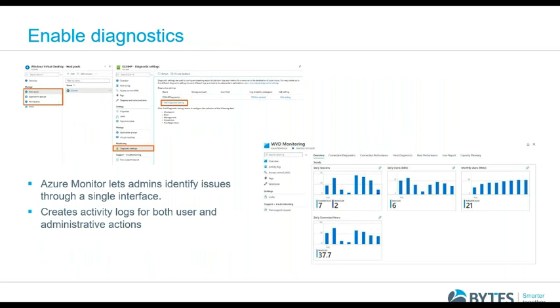Another thing to consider is to enable diagnostics, so basically using Azure Monitor. We've seen some customers who haven't enabled this, and it is very beneficial when things go wrong, and things are likely to go wrong or cause some sort of concern.